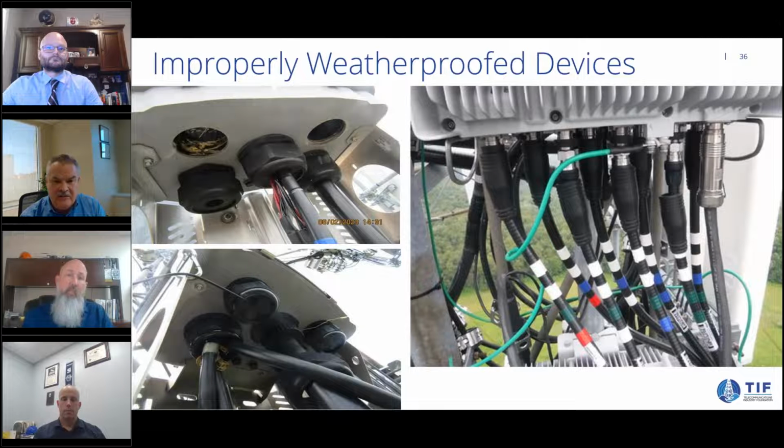So Ryan, what about improperly weatherproofed devices? So all of these issues again could have been identified in a PMI or a PII, and obviously we have to weather seal our tower mounted equipment as the manufacturer dictates.